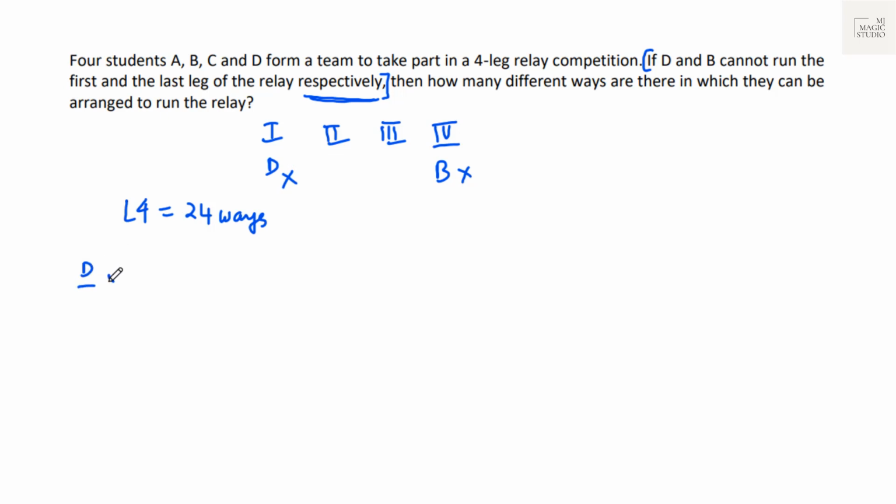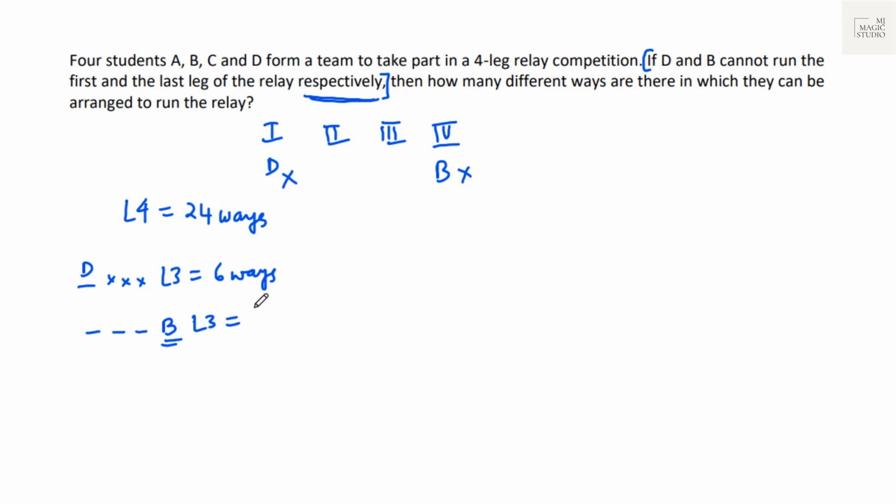If it starts with D, the 3 places with the 3 leftover A, B, C can be arranged in factorial 3, that is 6 ways. That means there are 6 arrangements where D is starting the relay. Now in how many of the relays is B ending the game? Obviously again 3 people left, 3 places left.